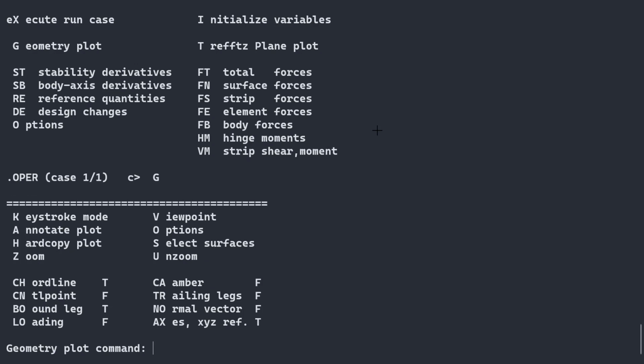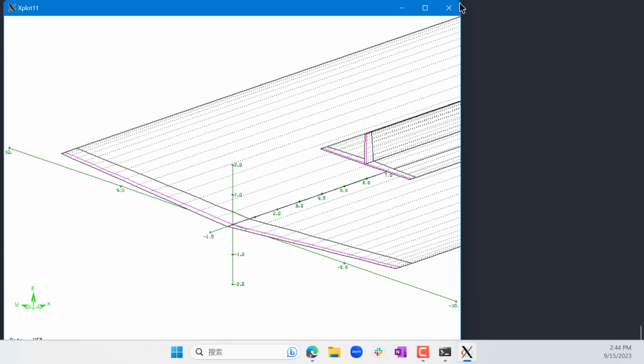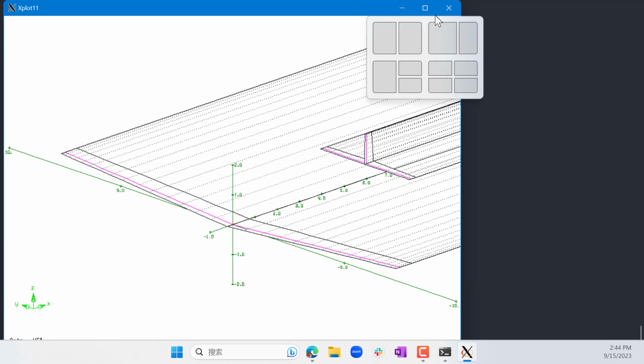So if you go back to AVL, this is the geometry plot, and you can turn on options. Here it says true or false. For example, you can see the trailing legs are false, but if you type TR, it turns it to true, and then it visualizes all these trailing legs. This is the vortices we are using to model the induced flow.